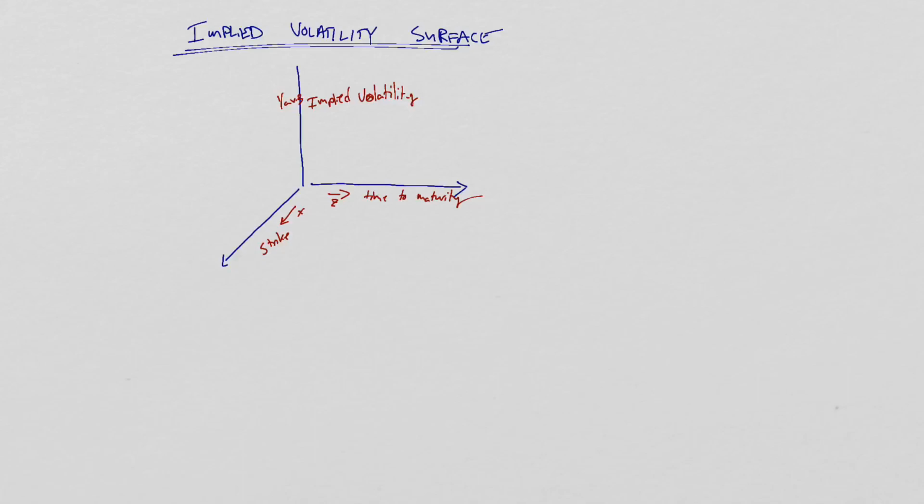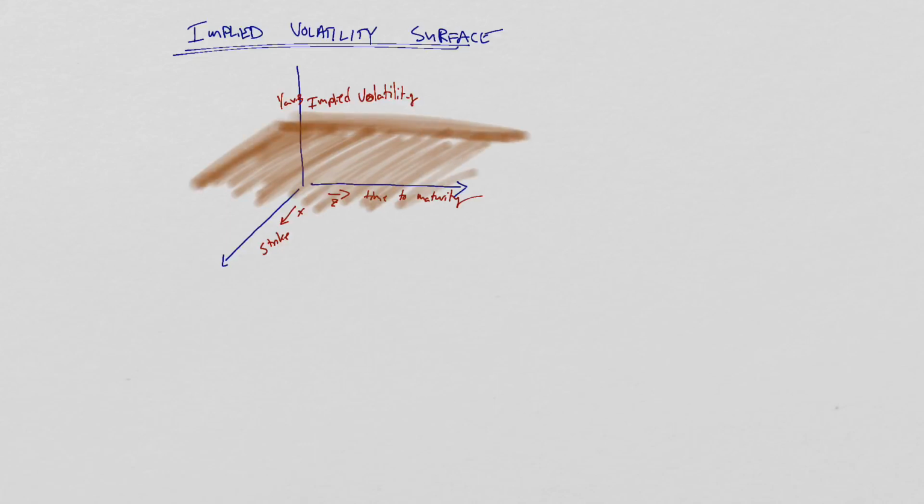And it's called a surface because while theoretically, because this is a standardized measure of looking at option prices, it controls for factors with respect to strike and time to maturity, an implied volatility surface should kind of look like this.